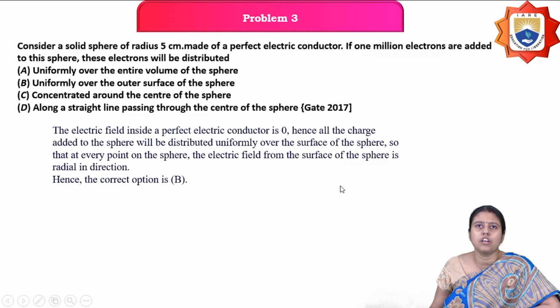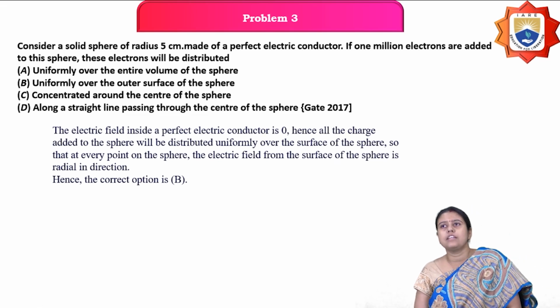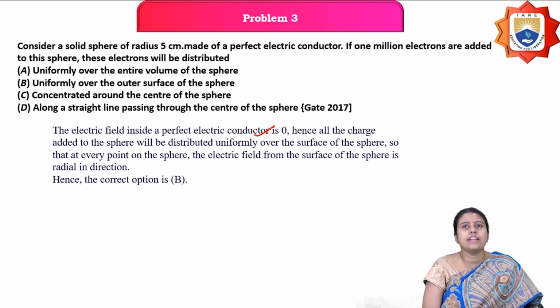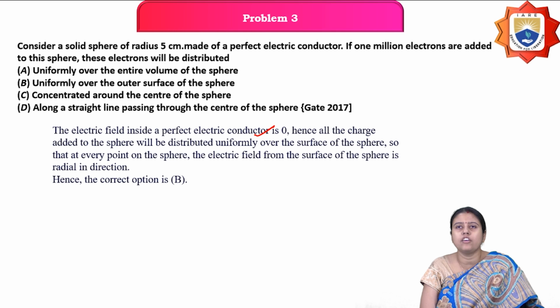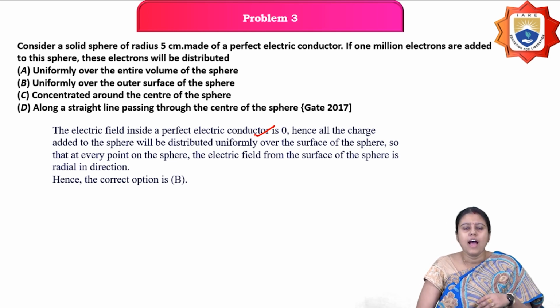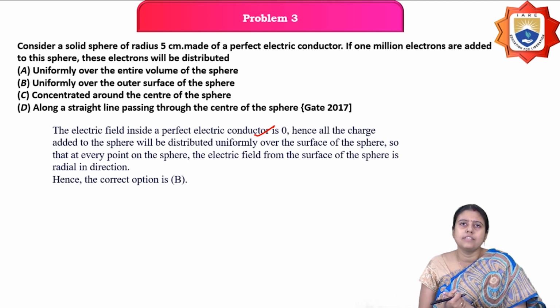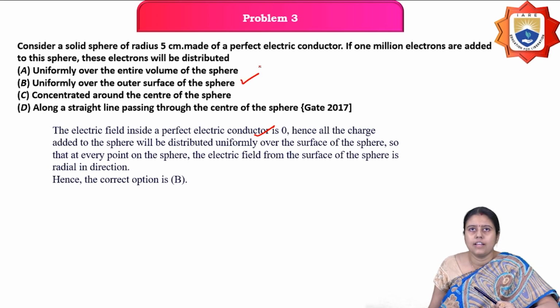This is a GATE question of 2017, and the answer is that the electric field inside a perfect electric conductor is always 0, and there is a general tendency of the charge to stay on the outside of the sphere. So the charge will stay on the outside, and answer B is the correct answer.